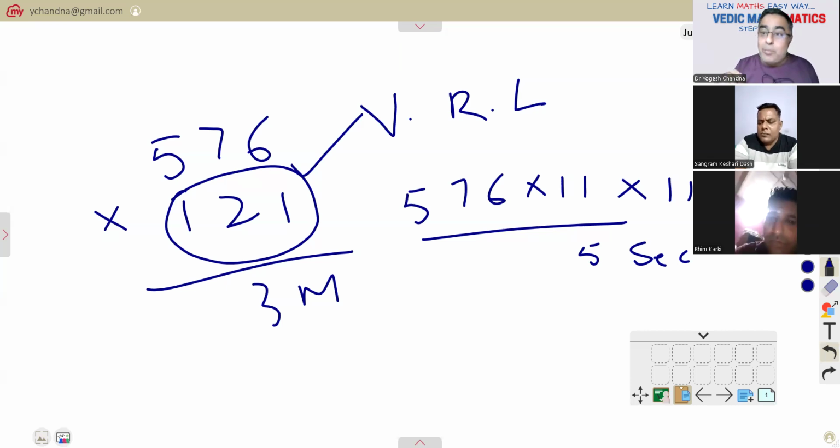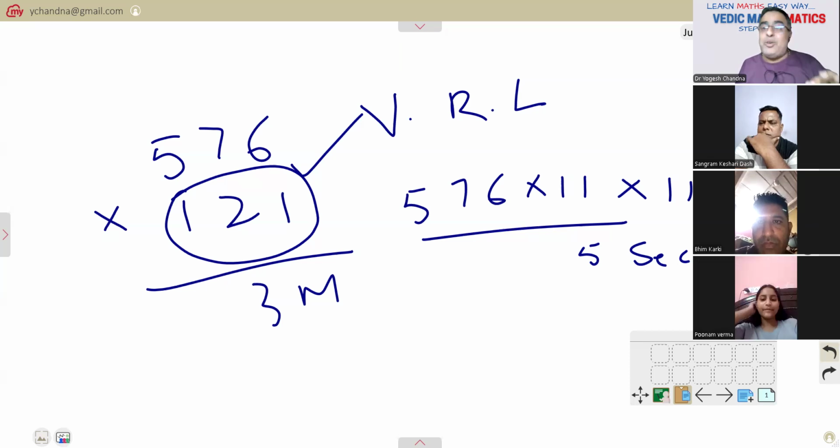Though, you'll be amazed to know, it's not that we were not using Vedic maths earlier. We were. If you talk about any competitive academy, I won't name even a single one, all of them were using Vedic maths tricks or concepts, but they never said this is a concept of Vedic maths. They said, this is my concept. How is it possible? I'll tell you the reason.